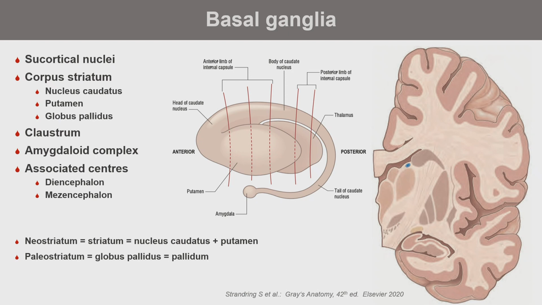So basal ganglia in general are nuclei of gray matter which are localized like in the brainstem, like in the spinal cord, inside the white matter. They are not on the surface. Basal ganglia, this is a section through the brain in a frontal orientation. Basal ganglia are those structures.